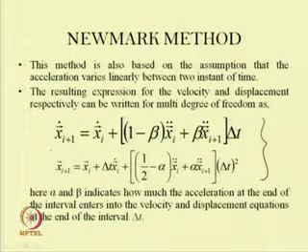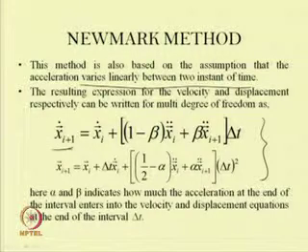So, here x I plus 1 can be written using this expression, this is the velocity. So, x I plus 1 dot equal to x I dot plus [1 minus beta] into x I double dot plus beta into x I plus 1 double dot, into delta t.